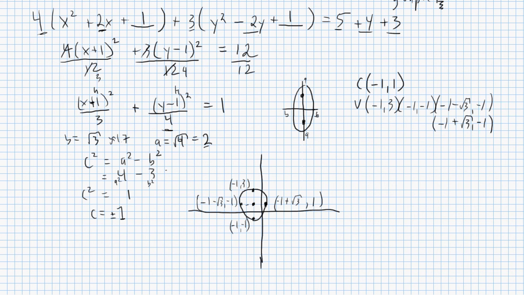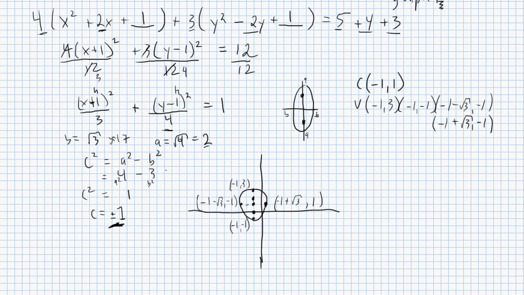Okay, now the only thing we have left to do is figure out where the focal points are. Well, the focal distance is 1 and positive 1, and since it's vertically oriented, that means from the center we're going to go up 1 and down 1. So we go up 1 from the center to get to there for one focal point, down 1 here to get that focal point. I'll use a different color here.